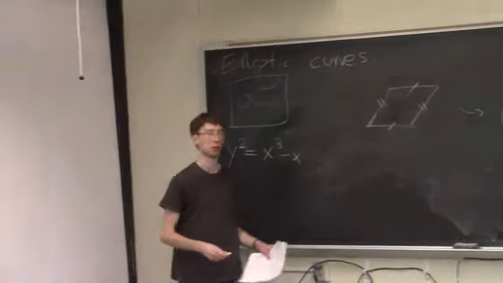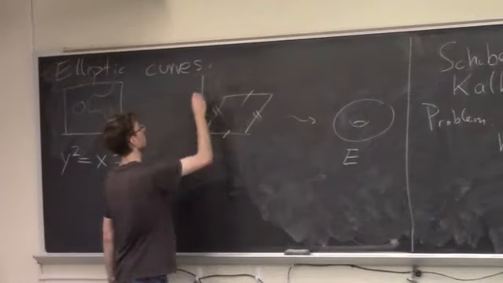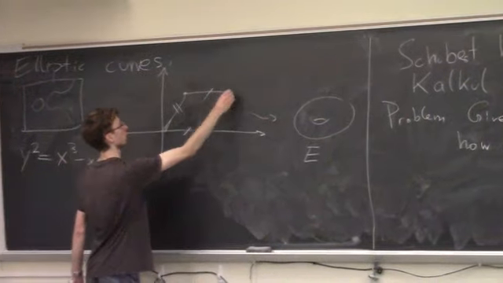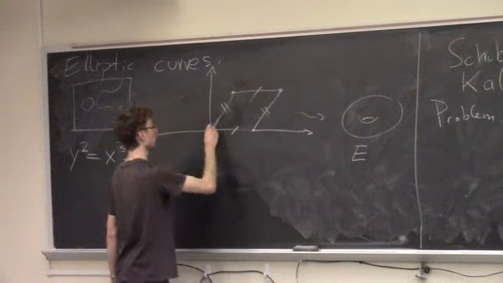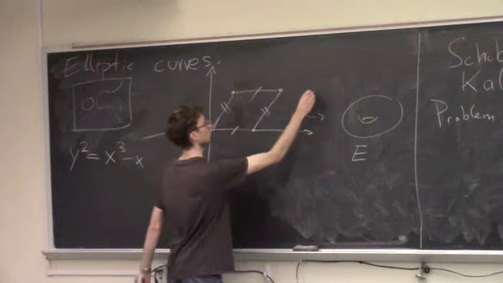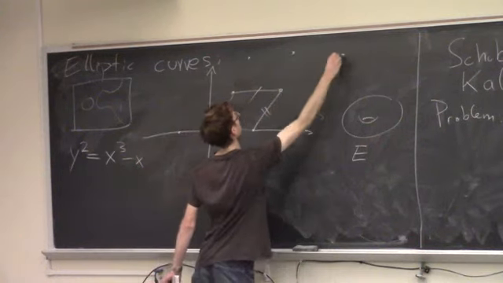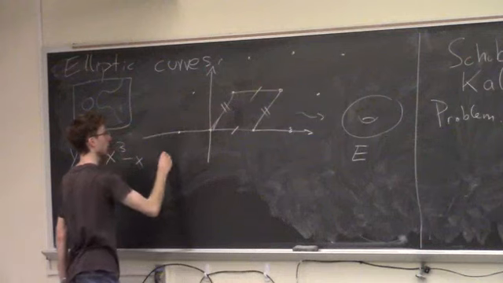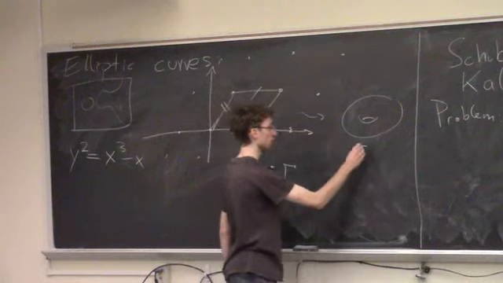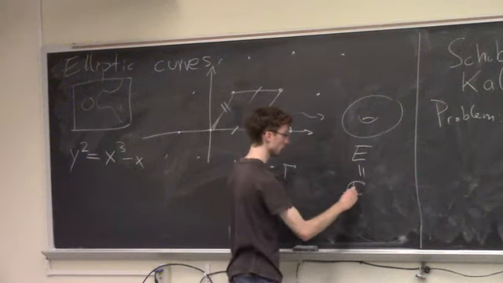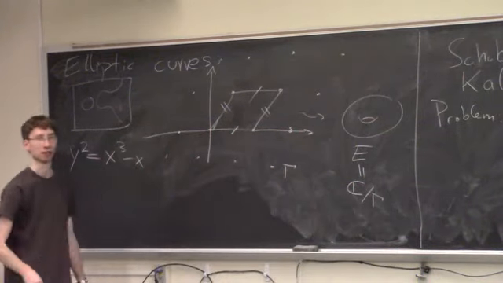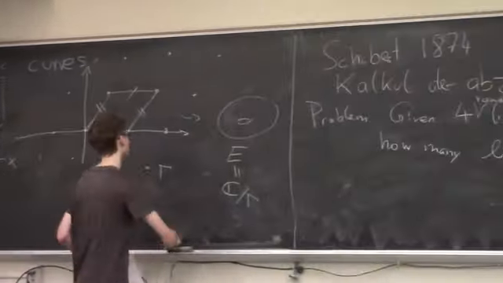And an even better way is to think about it the following way. This parallelogram, you put it into the complex plane. And if you take all the corners of this parallelogram and you take the lattice they span in the plane, some lattice gamma, then you can describe the elliptic curve as the quotient of the complex plane by translation using elements of this lattice gamma.